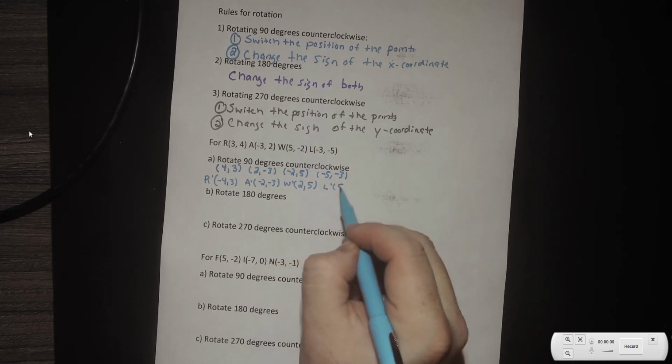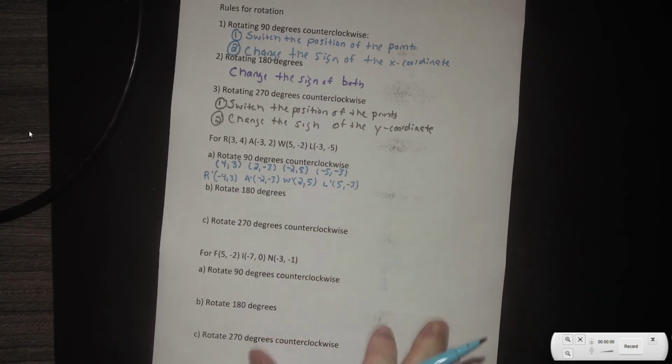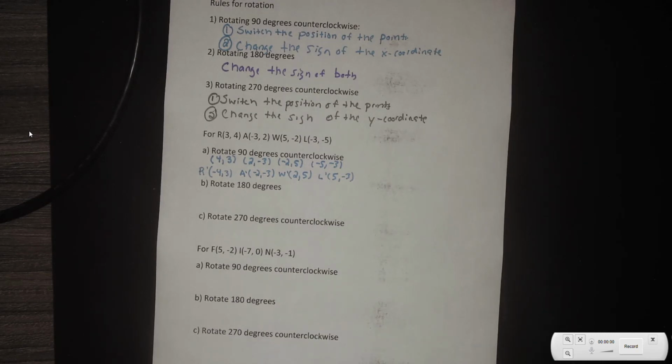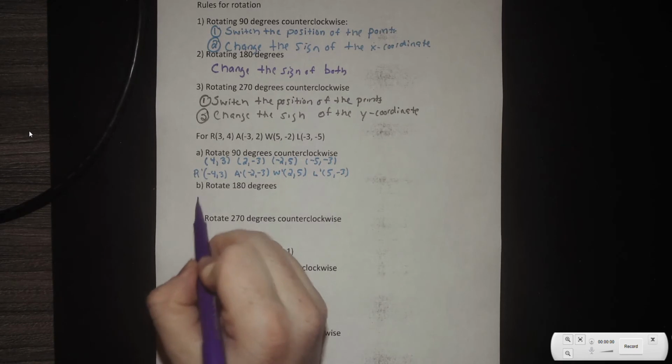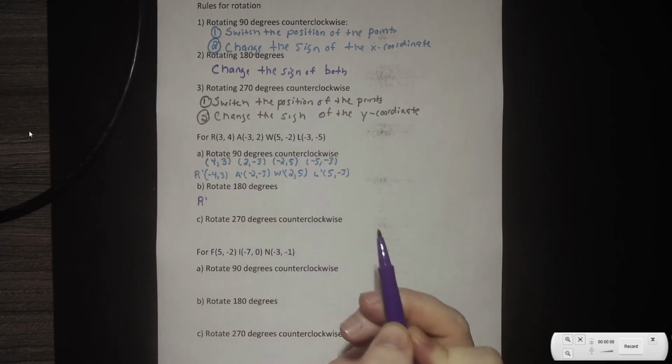And then (5, -3). So flip and then change the positive to a negative.